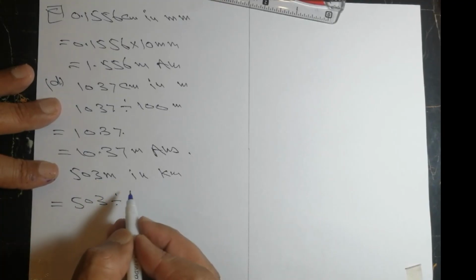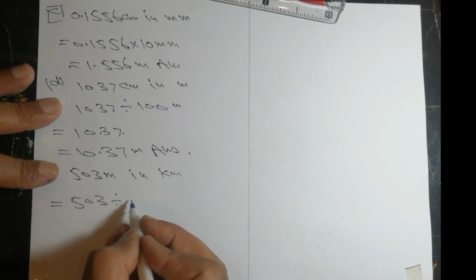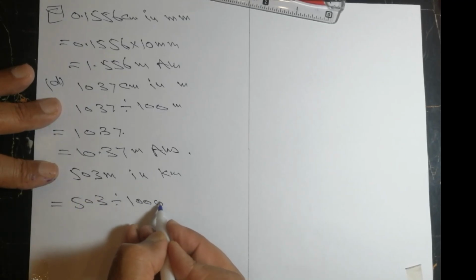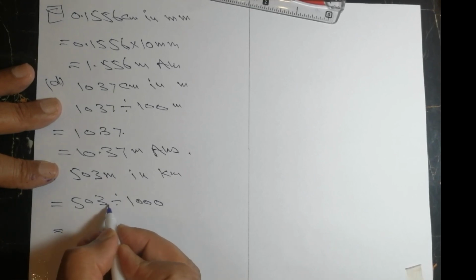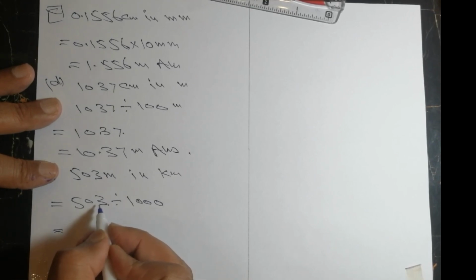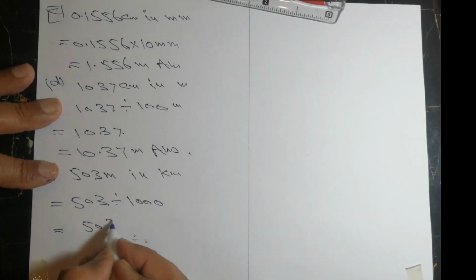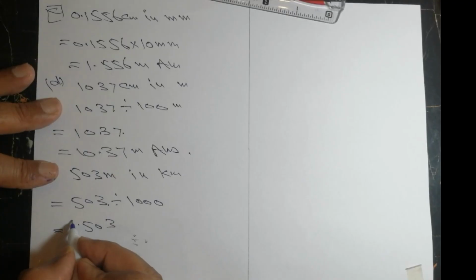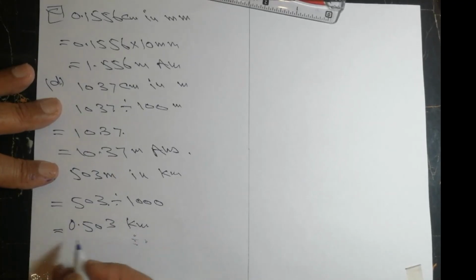In 1 kilometer there are 1000 meters, so we will divide this by 1000. In division the decimal is by default here, so it will shift 3 digits, 1 2 3. We can write here 0.503, so this is in kilometers.